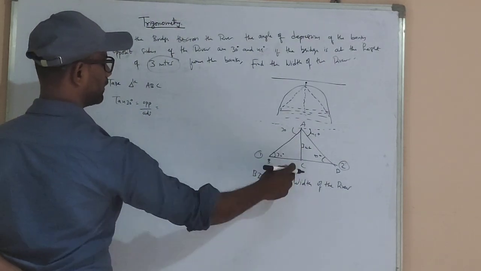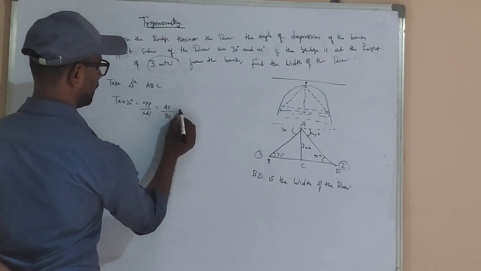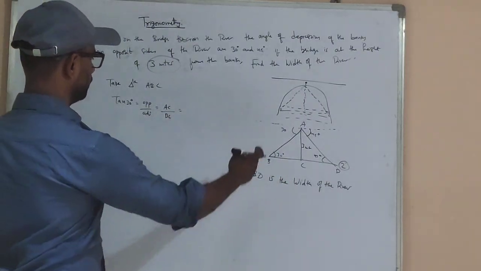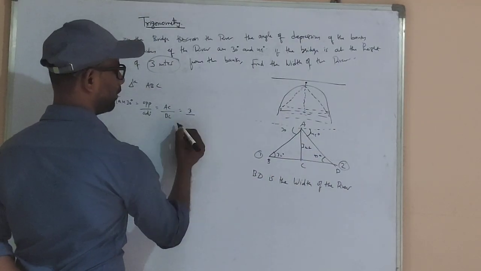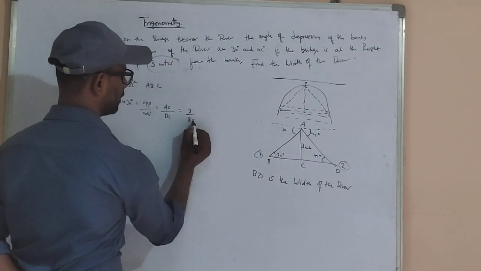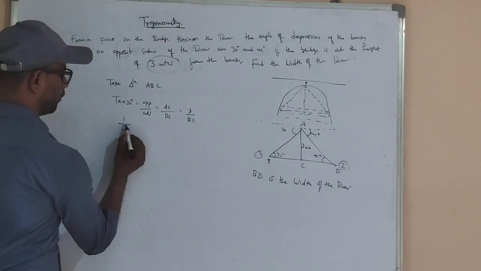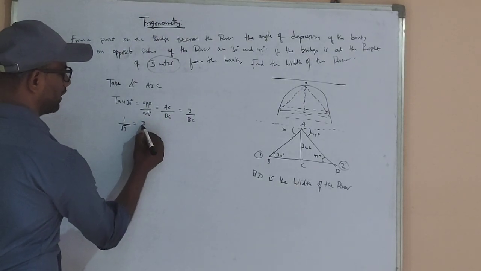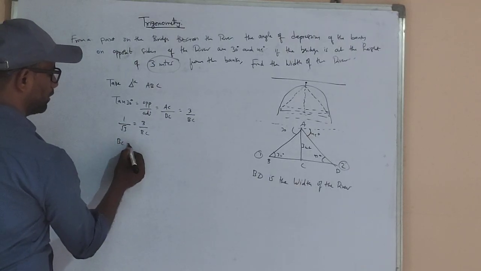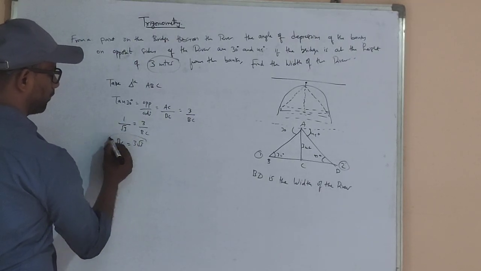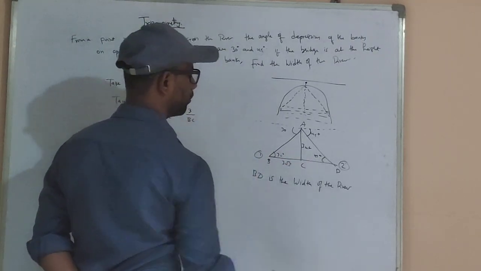What is the opposite? AC is the opposite, by adjacent BC. AC is the height of the bridge, 3 meters. So 3 by BC. We don't know BC, so just keep it as BC. Tan 30 means 1 by root 3 is equal to 3 by BC. On cross multiplication, BC is equal to 3 root 3. So this one side BC is 3 root 3.